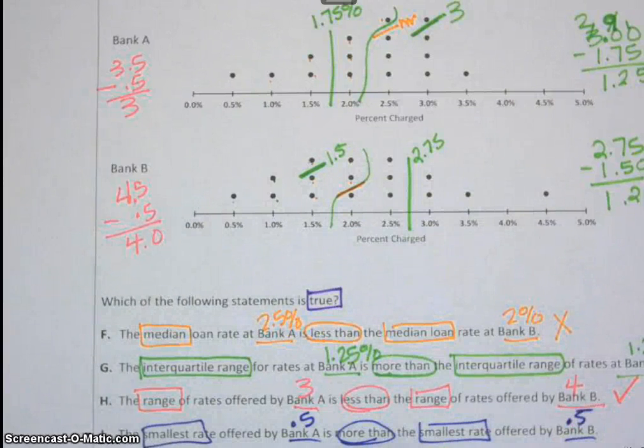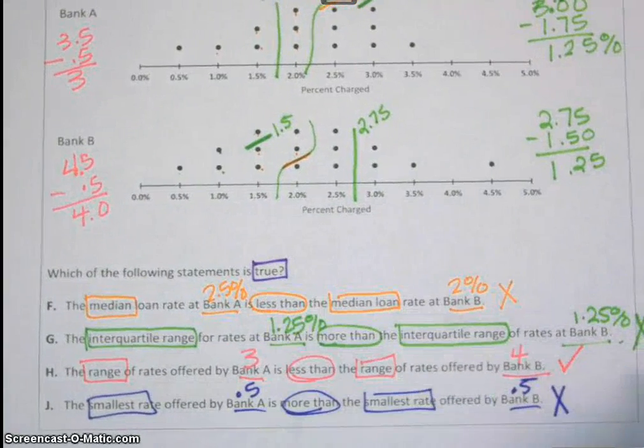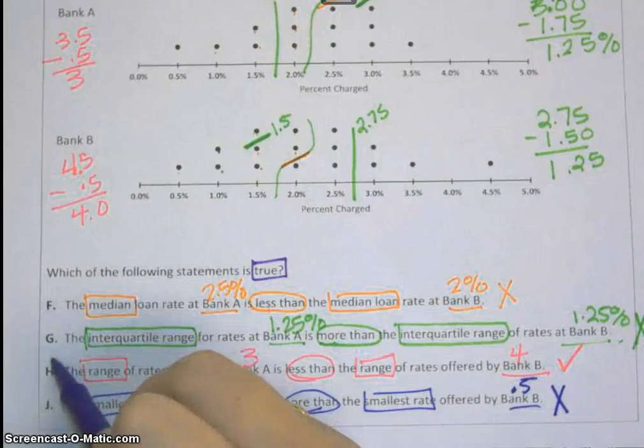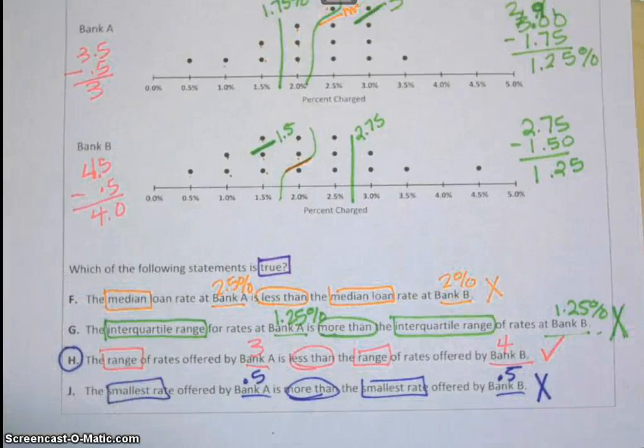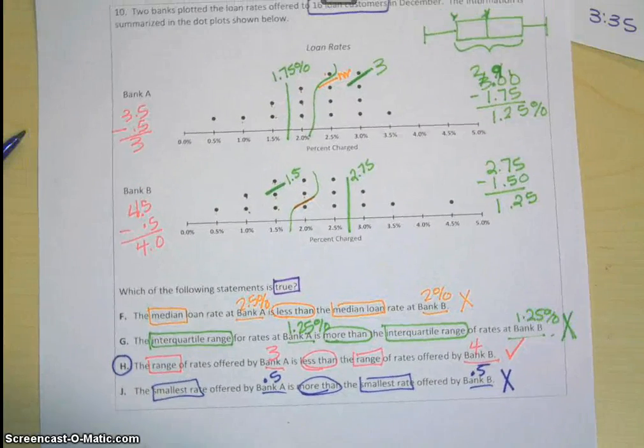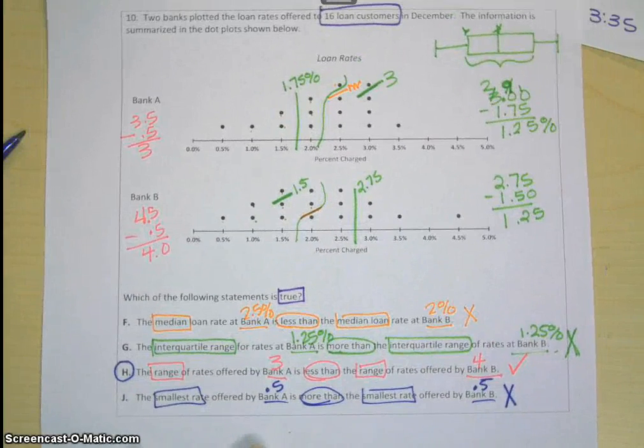Is 5/10 more than 5/10? Nope, it is not. So the correct answer, the only one that is a true statement, is going to be H. So for number 10, not really hard work, but a lot of vocabulary. So the correct answer to number 10 is H.